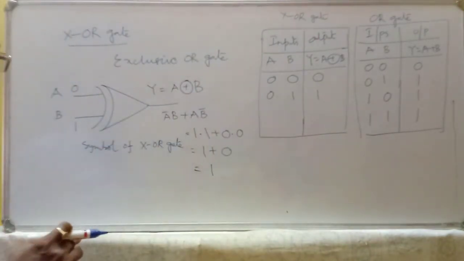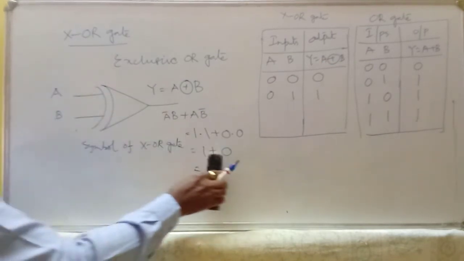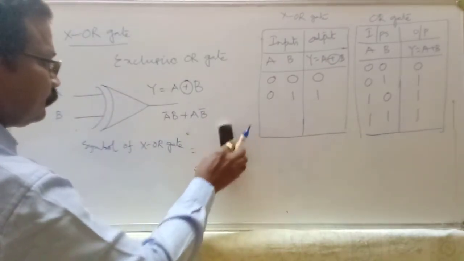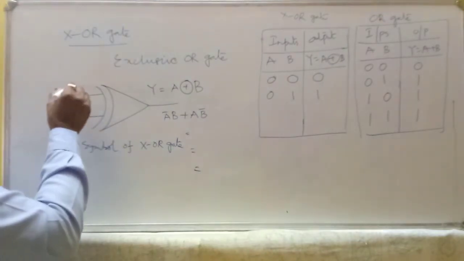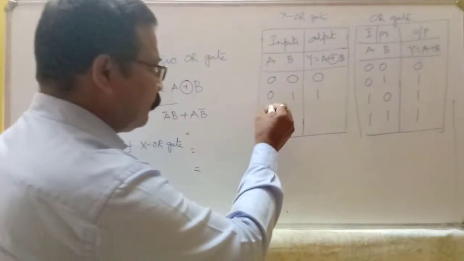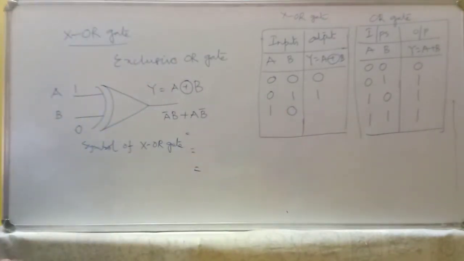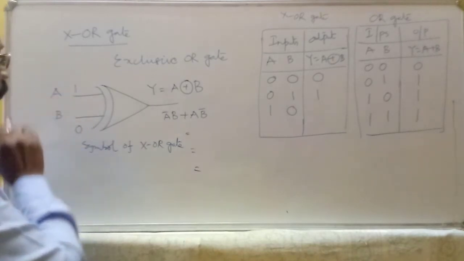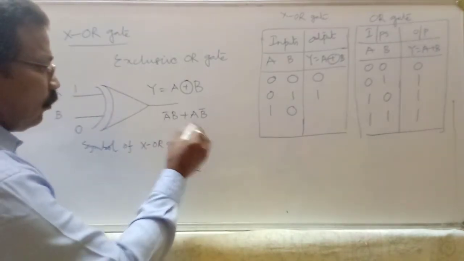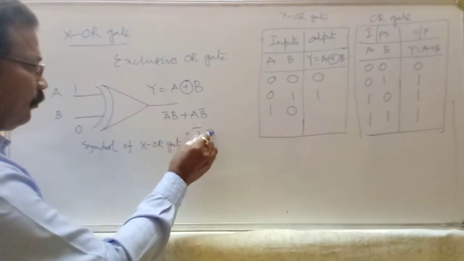Now, we are coming to the third case, when A is equal to 1 and B is equal to 0. Here, A bar is 1 bar, into B, which is 0.